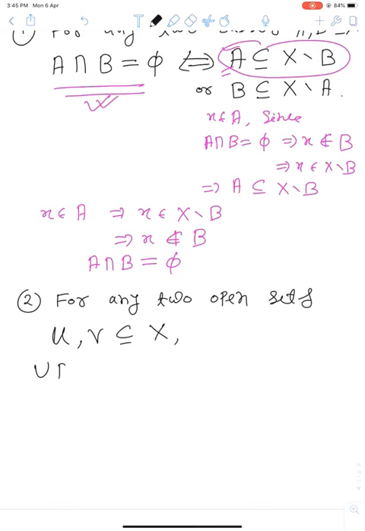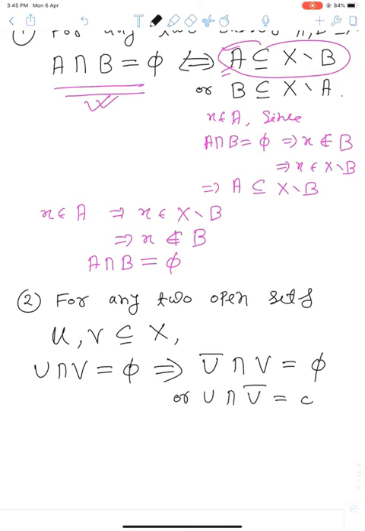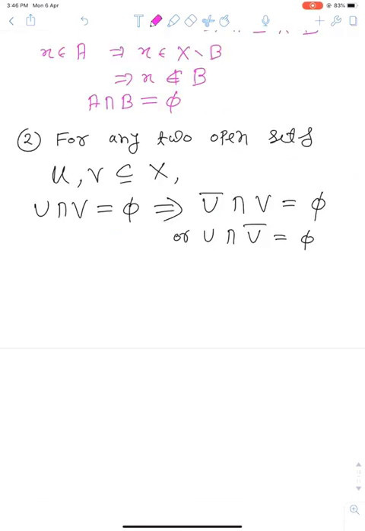Now U intersection V is empty will imply U closure intersection V is also empty, or you can say U intersection V closure is also empty. The proof is also simple. Why?